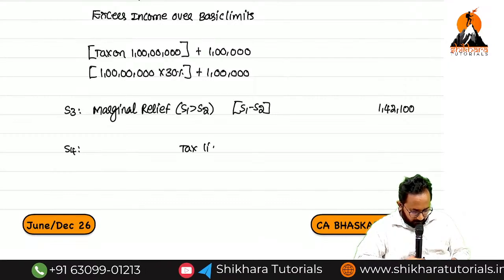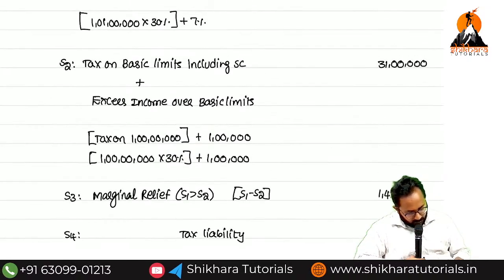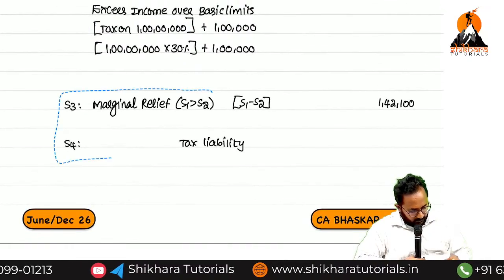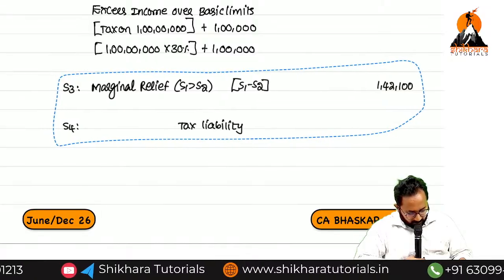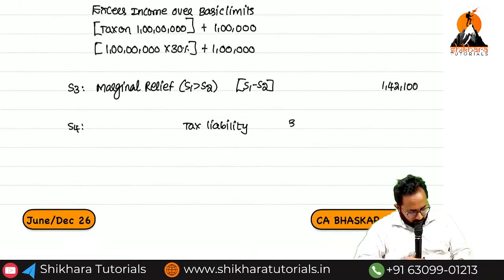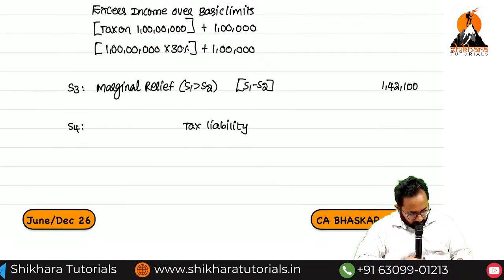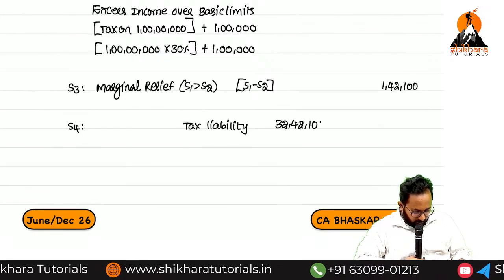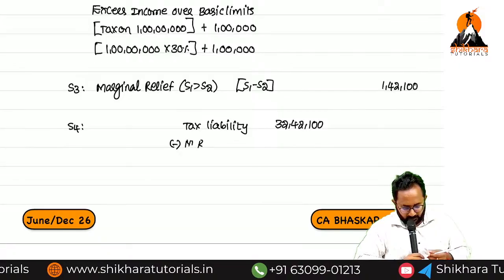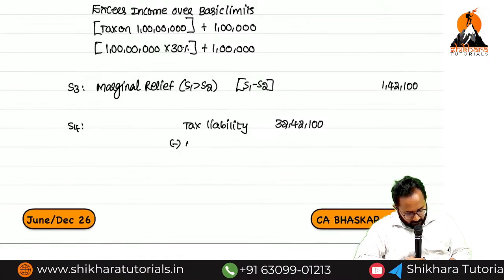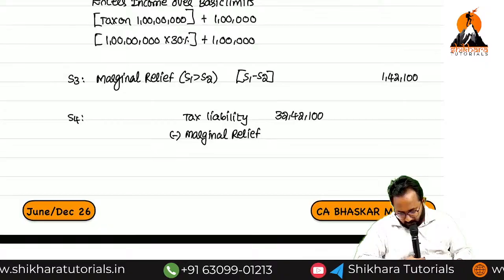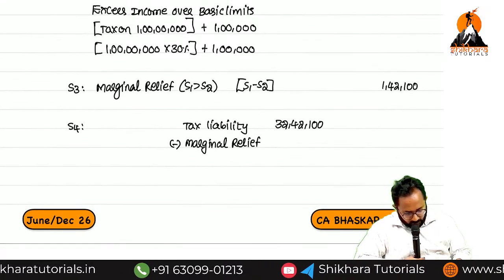Step 4. Tax liability. How much amount of tax liability do we have here? First step amount 32 lakh 42,100 minus marginal relief of 1,42,100.